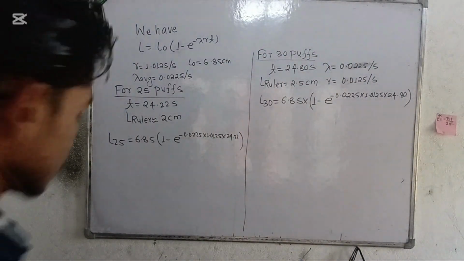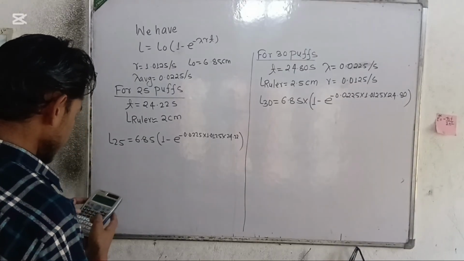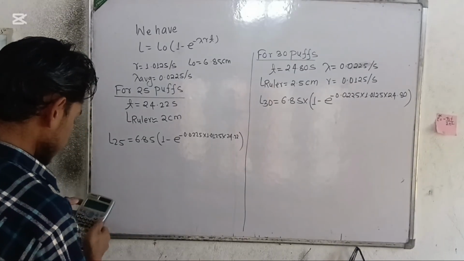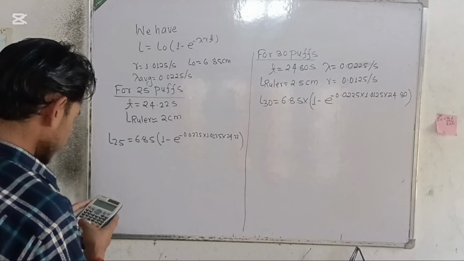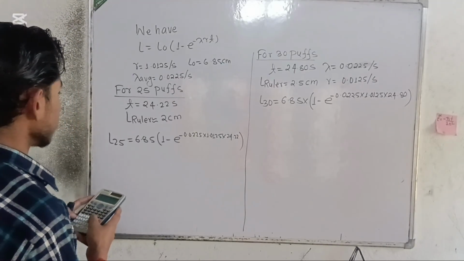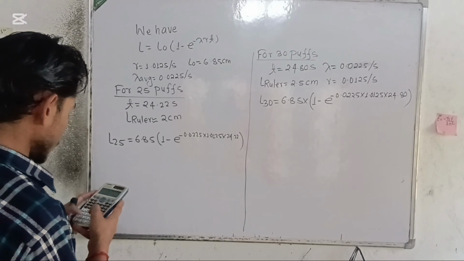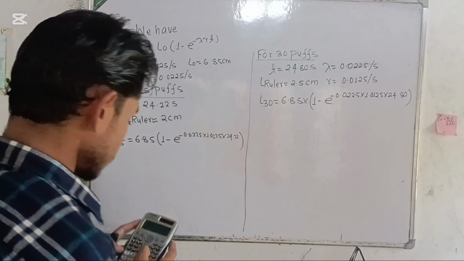So let's do it. I had 6.85 into 1 minus exponential negative 0.0225 into 1.0125 into 24.22.